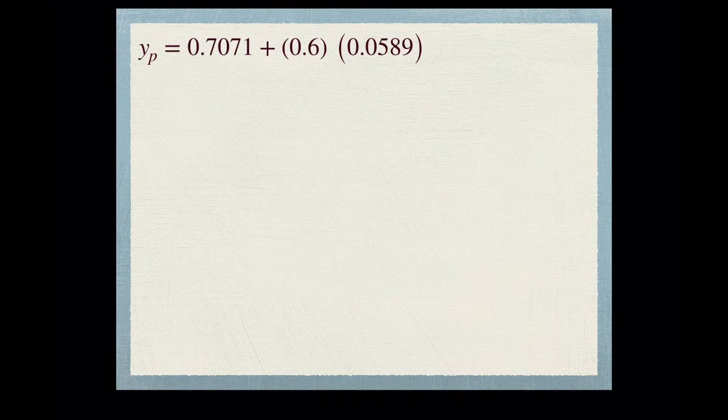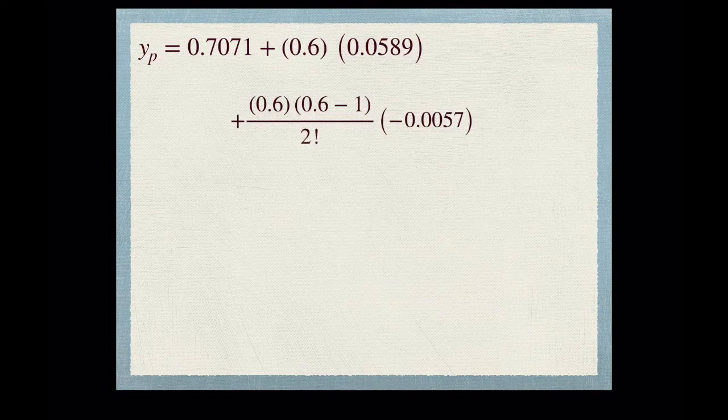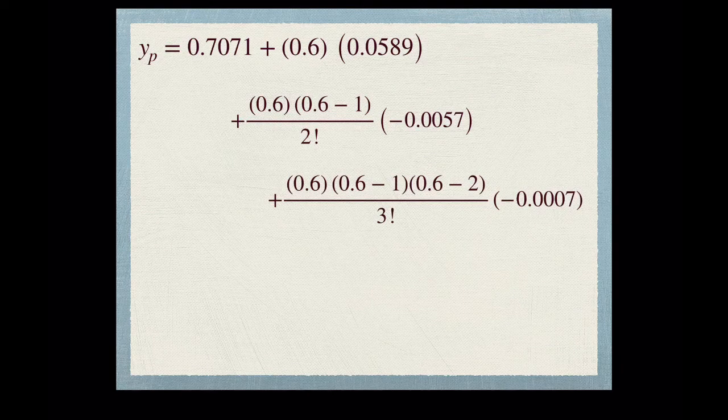So, yp is equal to y0 value 0.7071 plus p value 0.6 into delta y0 which is 0.0589, right, plus p value 0.6 into p minus 1, which is 0.6 minus 1, divided by 2 factorial into minus 0.0057, plus the next term 0.6 into 0.6 minus 1 into 0.6 minus 2 divided by 3 factorial into minus 0.0007.